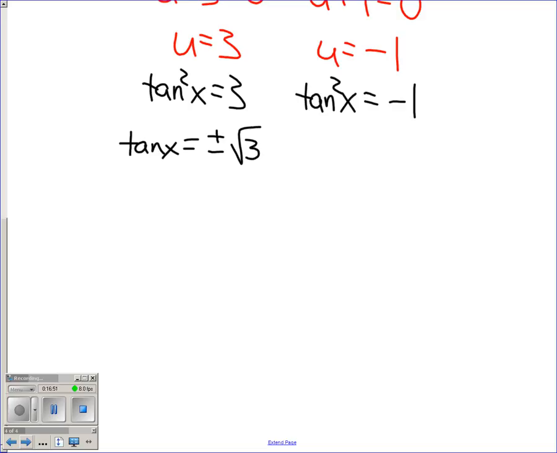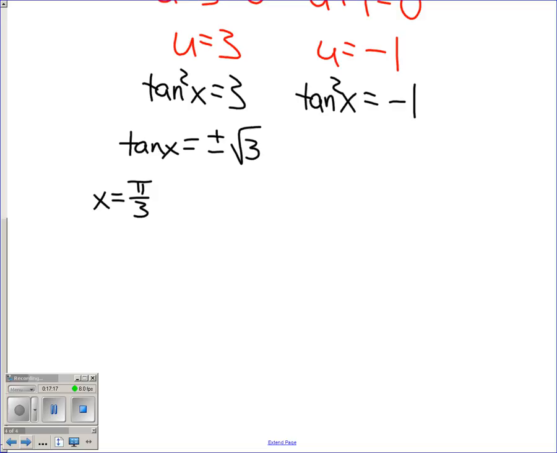Sine of pi over 3 is root 3 over 2. Cosine is 1/2. So when x is equal to pi over 3, we have a positive root 3. But it's not just for pi over 3. It's for all multiples of pi over 3. This is the positive case.